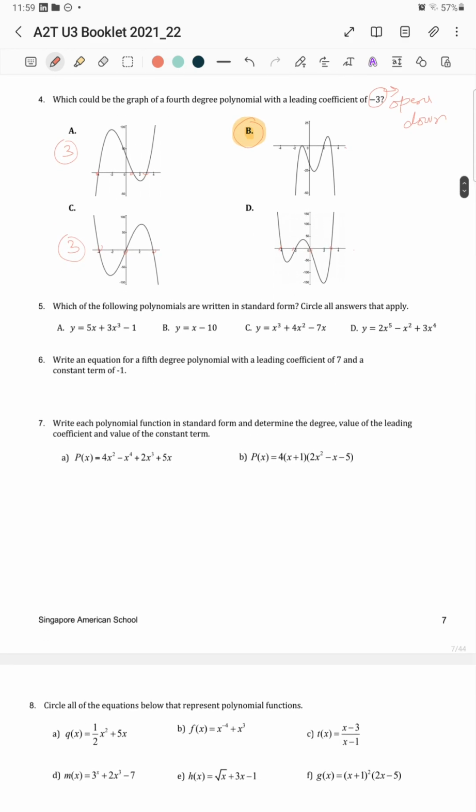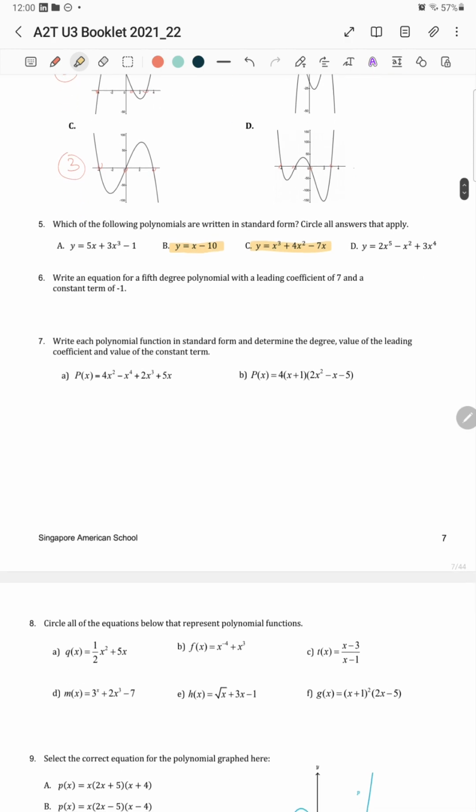Which of the following polynomials can be written in standard form? Circle all answers that apply. Okay. Write an equation for a 5th degree polynomial with a leading coefficient 7 and a constant term -1.